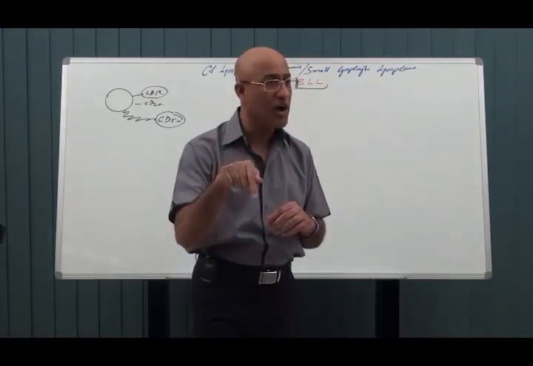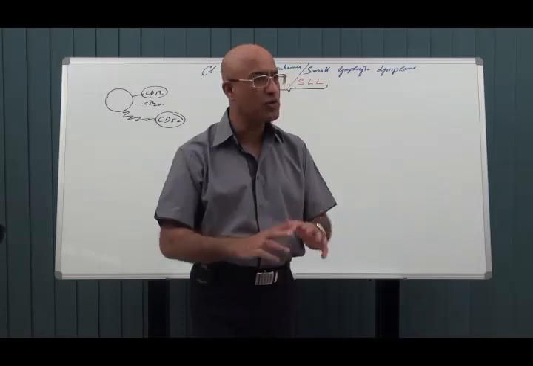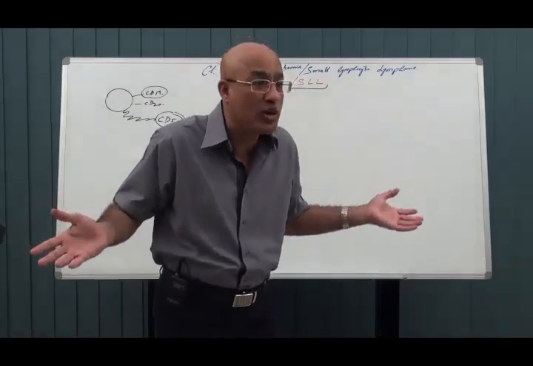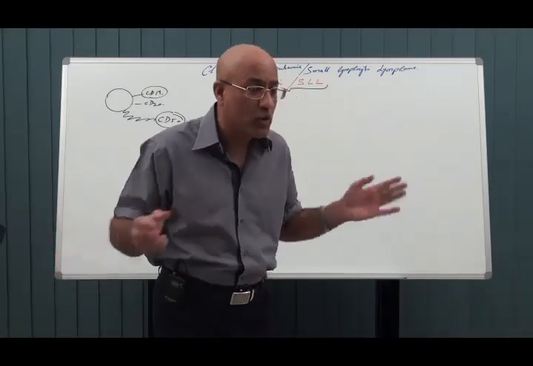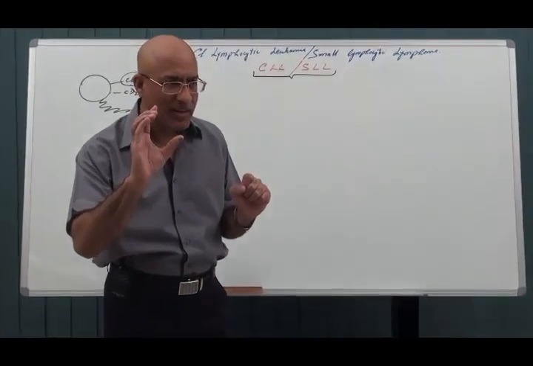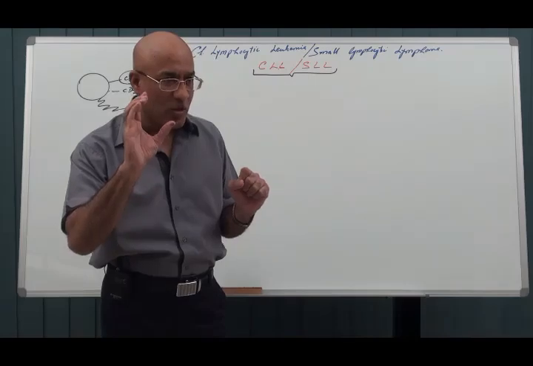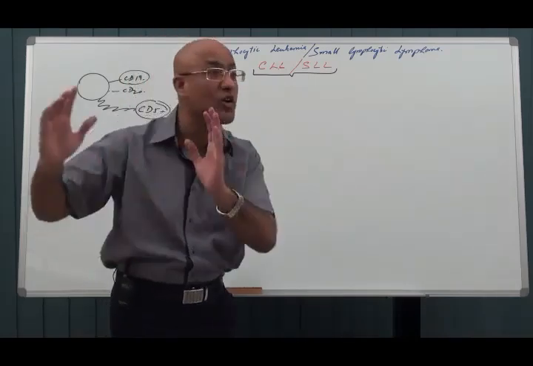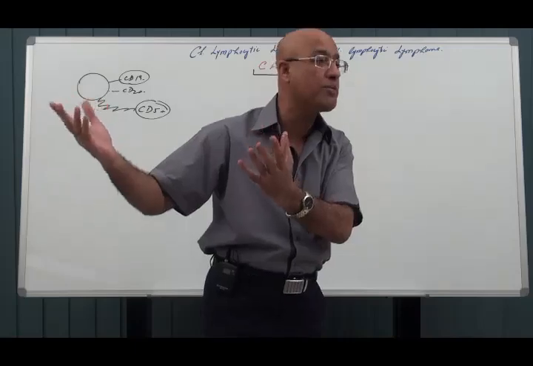Number one, they are abnormal, right? And number two, they refuse to die. They are reluctant to undergo apoptosis. So they are small, mature-looking cells which are slowly dividing because they are not blasts. If they were blasts, they would be rapidly dividing.